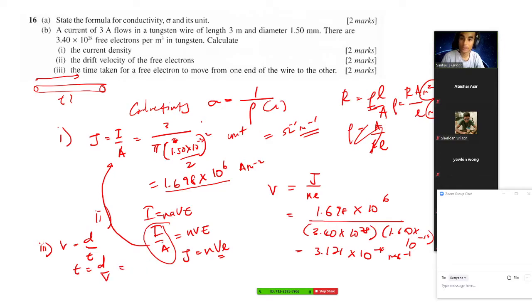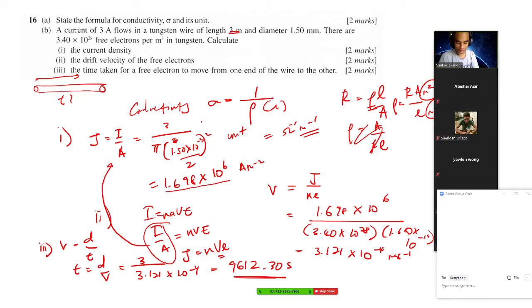Displacement is 3 meter, the length of the wire, divided by the velocity, 3.121 times 10 power of negative 4. So it will be 9,612.30 seconds. Okay, it's a big number. It takes more than 1 hour for one electron to move from one end to the other end in 3 meter. It's too slow, right.